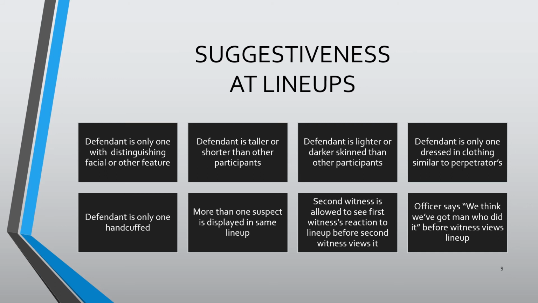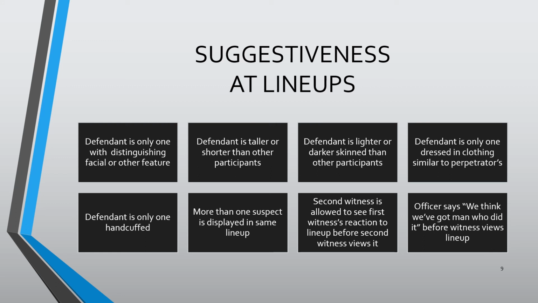The defendant has lighter or darker skin than the other participants. The defendant is the only one dressed in clothing similar to that worn by the alleged perpetrator. The defendant is the only one handcuffed. More than one suspect is displayed in the same lineup.